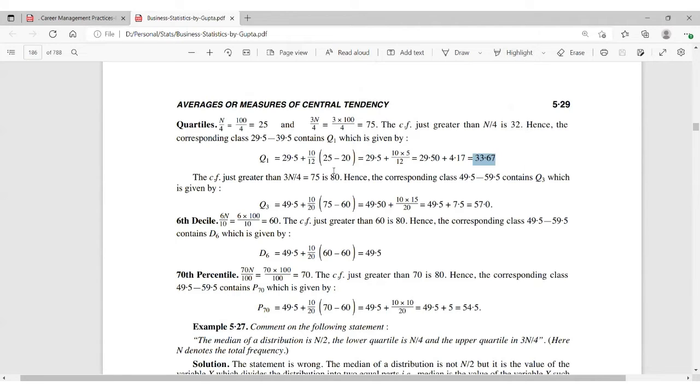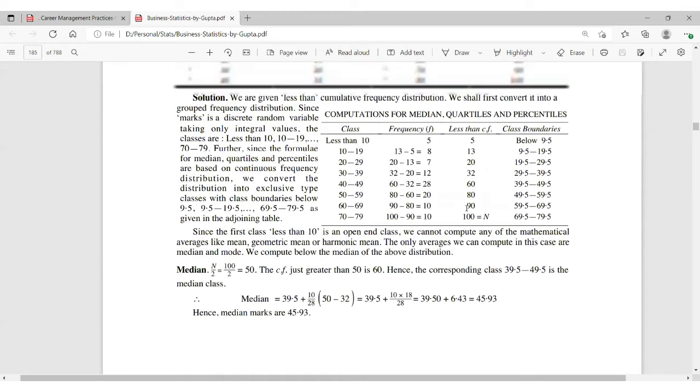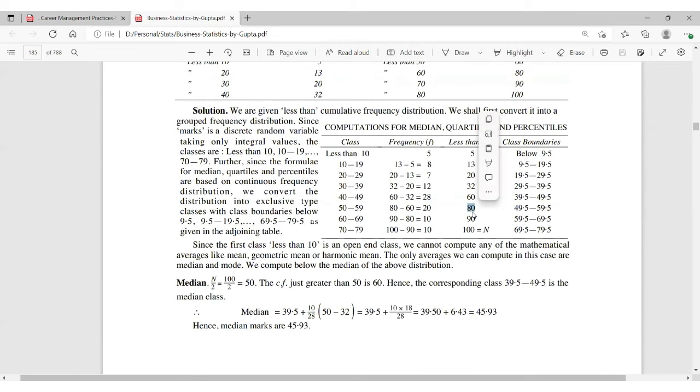In the similar way, third quartile. To find the class that is 3n by 4. Put n 75. Now, the number which is just greater than 75 in CF, that is 80. Right?